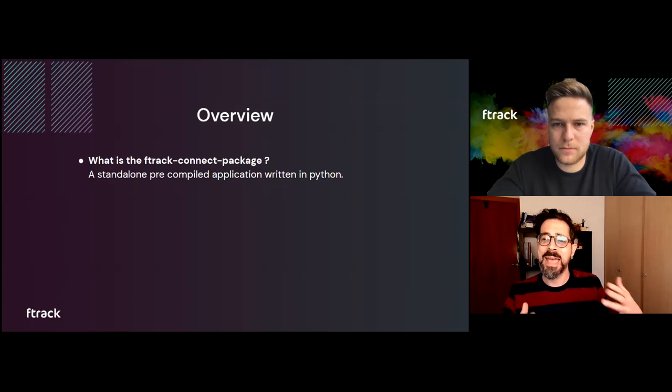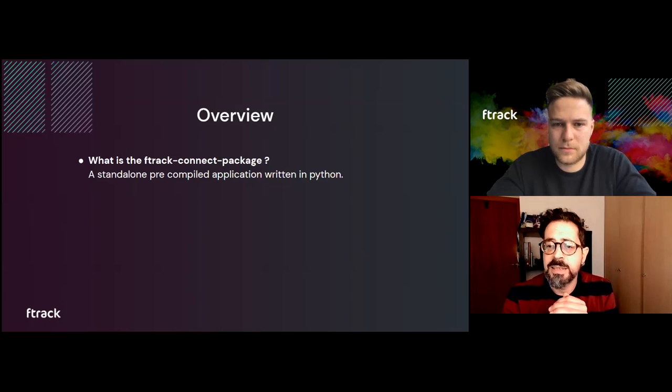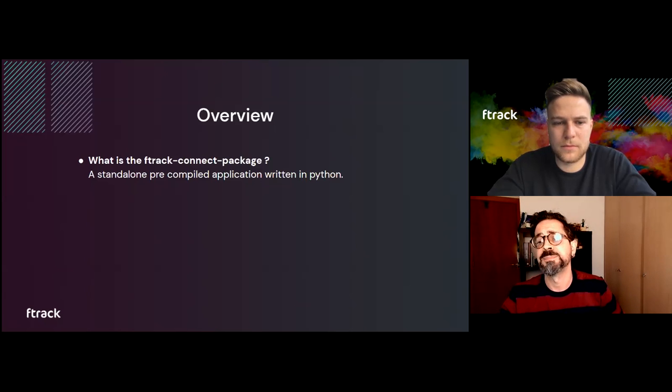So ftrack-connect package is basically a packaged, redistributable format of ftrack-connect itself, which is the Python interface. ftrack-connect package also comes with a set of utility plugins, as well as the plugins for the integrations that were released at the time of the packaging itself of ftrack-connect.